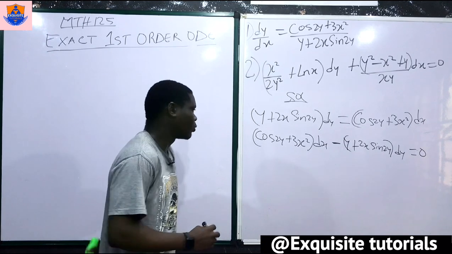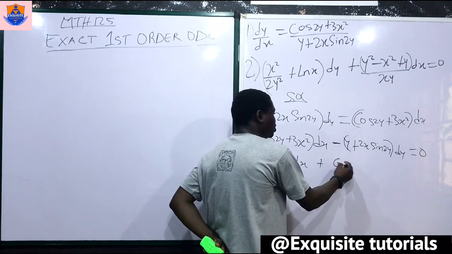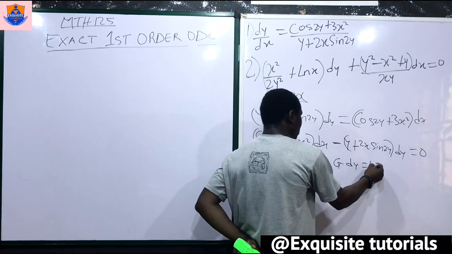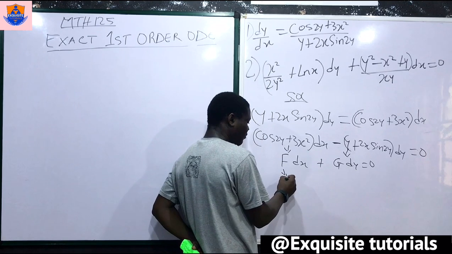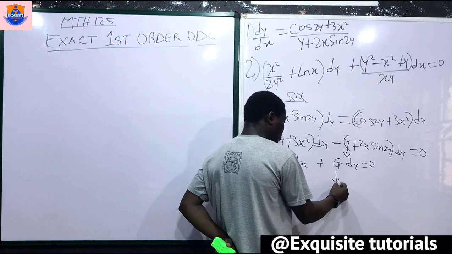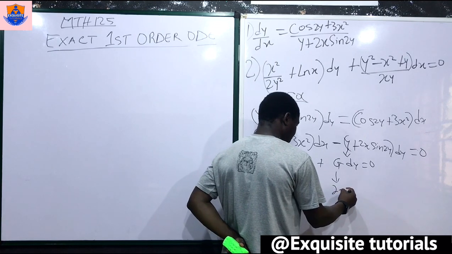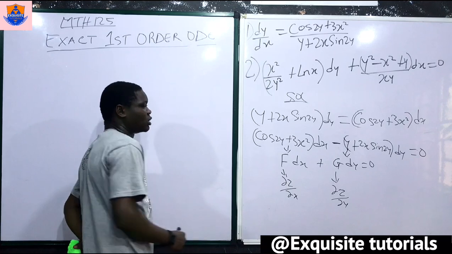So this is the standard form, and we said the standard form is f dx plus g dy equals 0. So our f is this and our g is this, and our f is also dz over dx, our g is also dz over dy. So these are the two things.